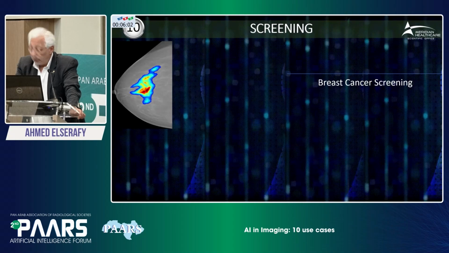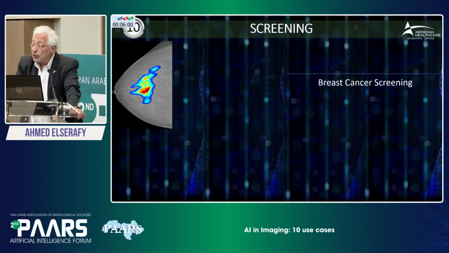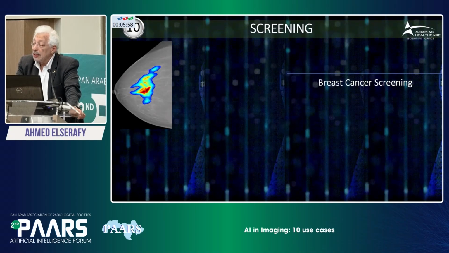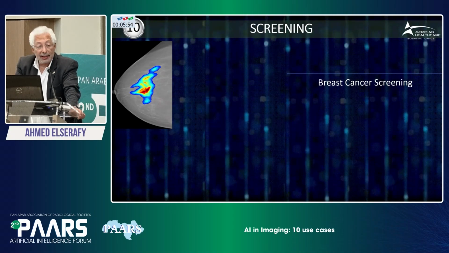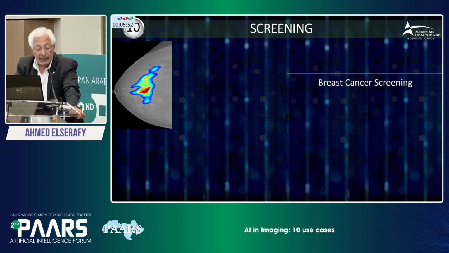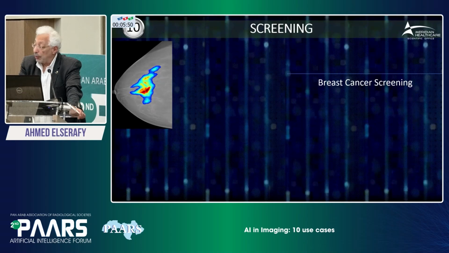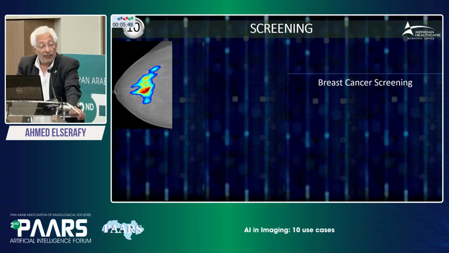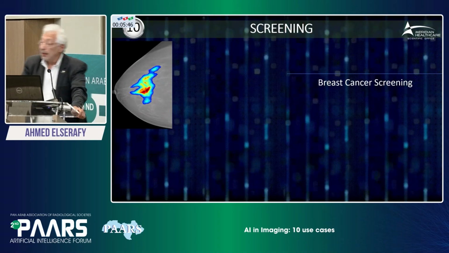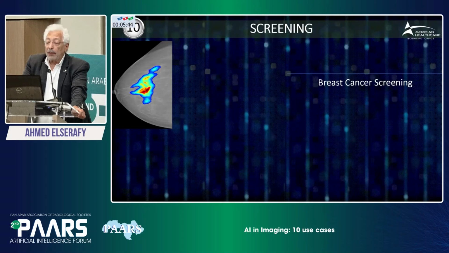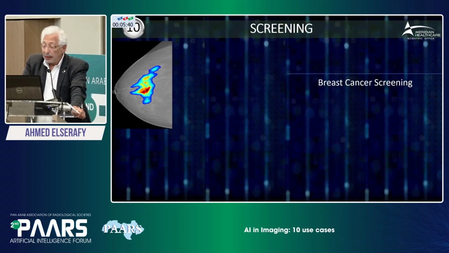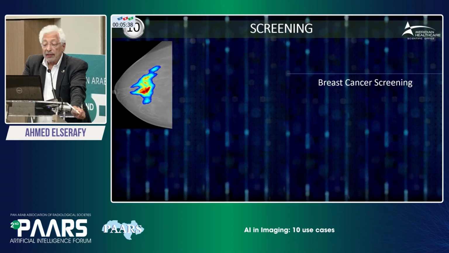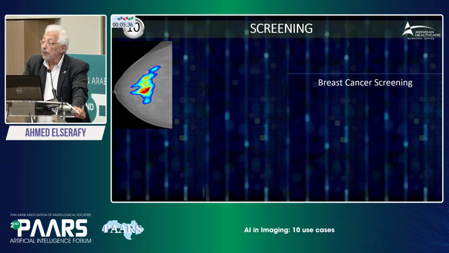And of course, I think the number one screening tool, and that was the very first tool that had some form of intelligence introduced in its diagnosis, is mammography, with the CAD systems coming to the market in 1992. Very primitive CAD systems for detection of microcalcifications, yet they're considered intelligent systems. Now, for mammography, there is a classic breast cancer screening, but there is a screening also for breast density.